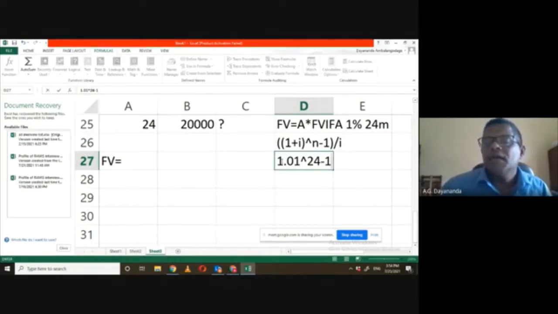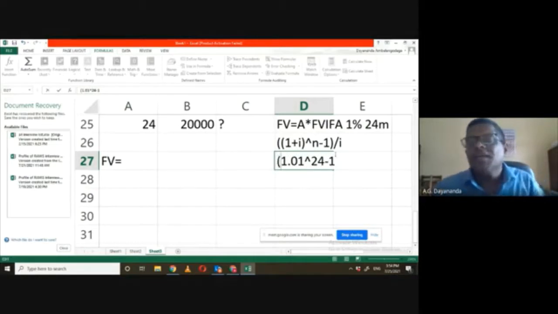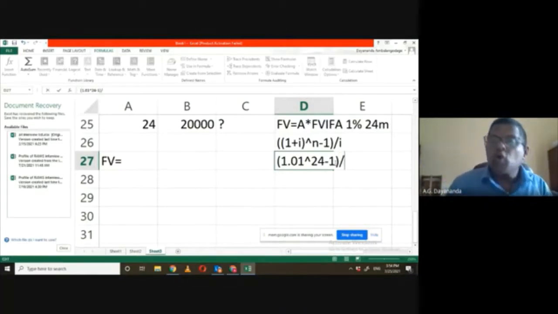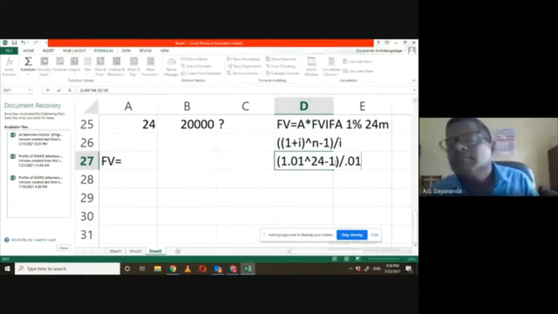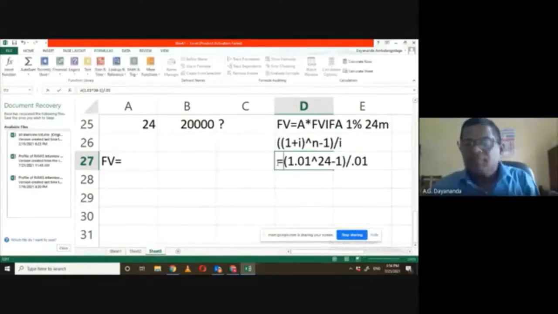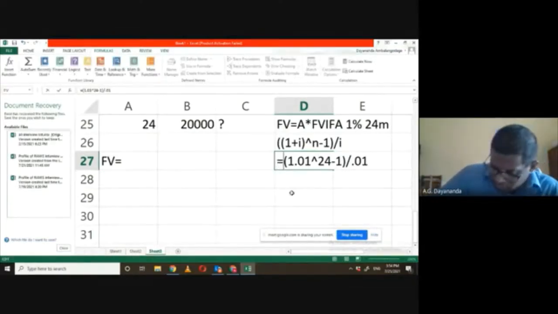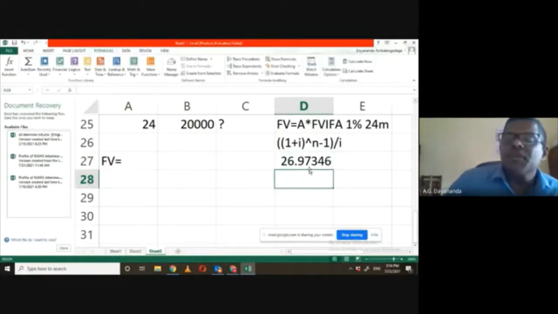Since it's a bracket, we have to first solve this part. Then we have to divide the whole answer by I, by 0.01. Is it clear? Then the factor comes there, 26.973.